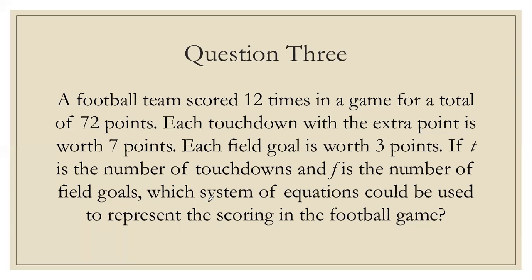Take it slow, Robert. This one's kind of confusing. 3F equals 7T and T is the number of touchdowns. Field goals is 3.